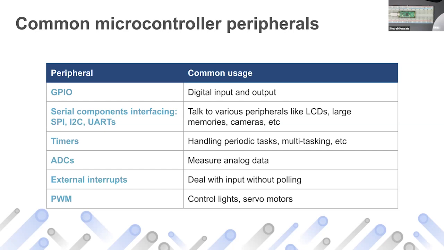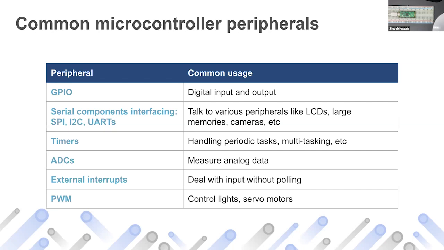For example, the Raspberry Pi Pico is a 5 volt or 3.3 volt circuit. So 3.3 means high and 0 means low, where 0 is ground. I'll show you how to use GPIO for both input and output. And then there are various serial interfacing components.